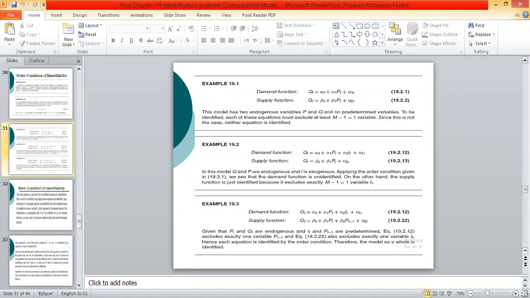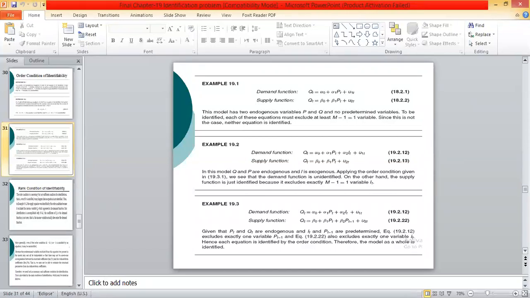I have given you a simple method to look at identification through order conditions. Look at the total variables in the model. The total variables in the model are only two: one is the quantity, the other is the price.